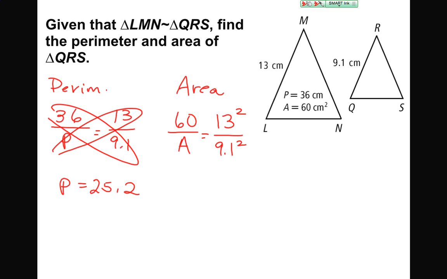If you want to square each of those numbers and then do your cross multiplying, I don't care. 60 over A, 169 over 82.81. Multiplied by 60, and divide by 169. I get 29.4 for the missing area.